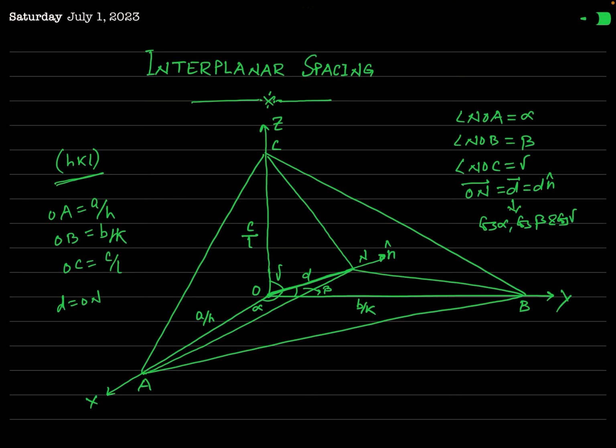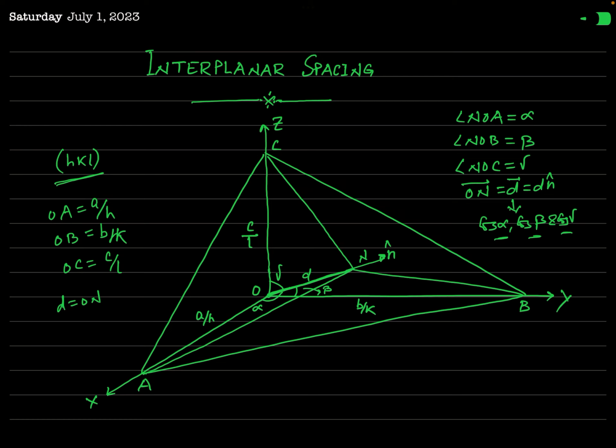Since this vector d makes angles alpha, beta and gamma with the x-axis, y-axis and z-axis, which are crystallographic axes, its direction cosines are cos alpha, cos beta and cos gamma.